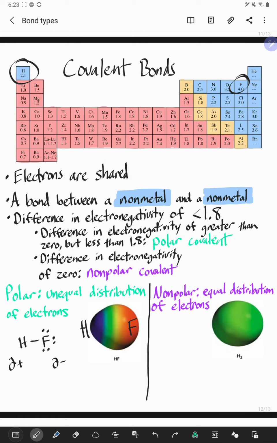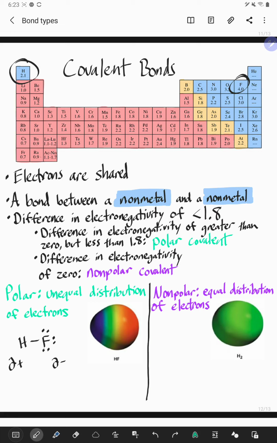So if you notice, yes, fluorine has more electrons to begin with over here on this side. It has those 6 electrons around it. But also, within this chemical bond between the two, more of the electrons are on the fluorine side because it has a higher electronegativity value, and so the electrons are being pulled that way more.